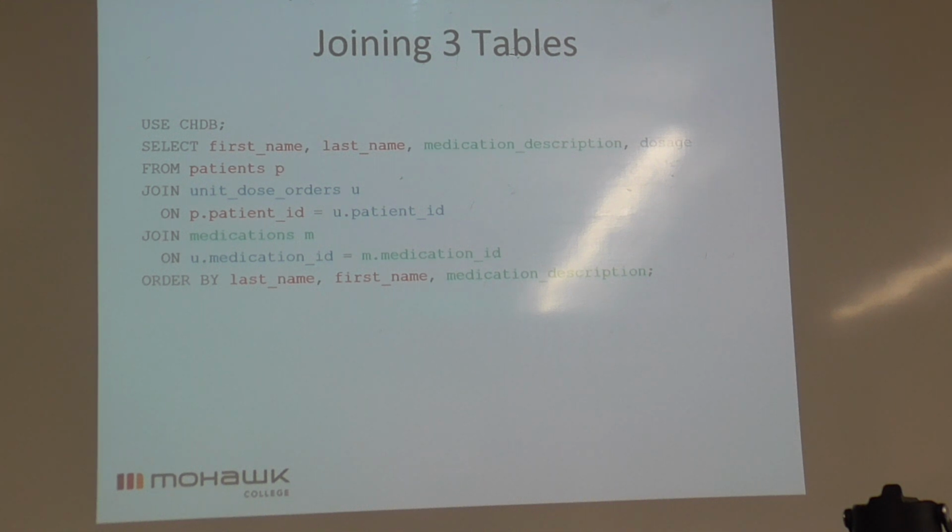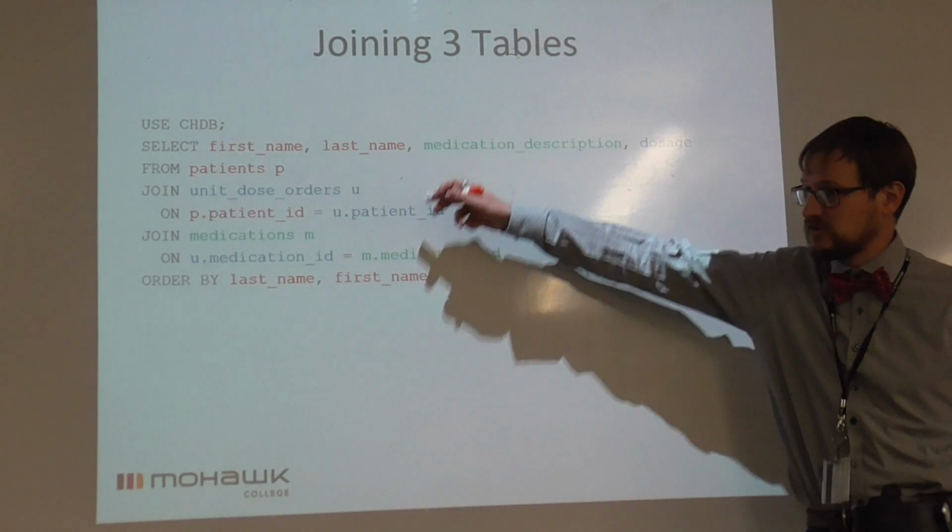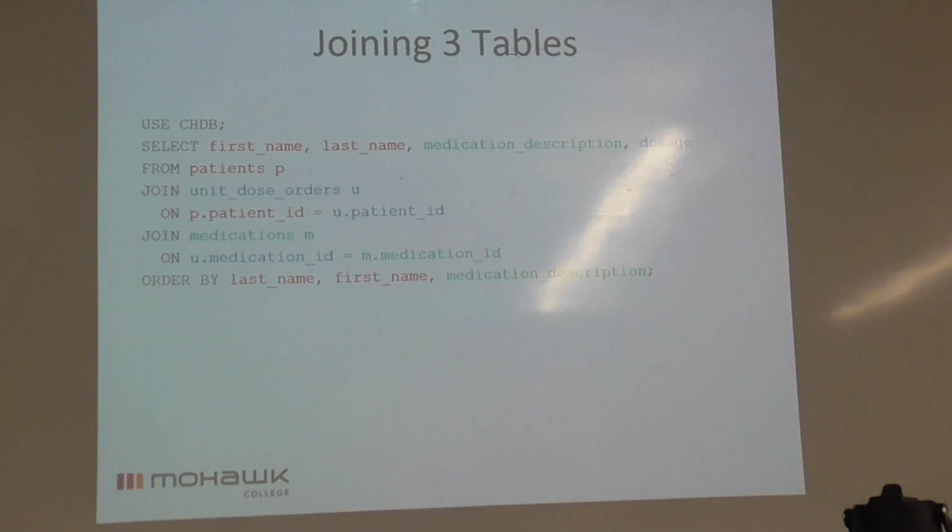The unit dose orders table keeps track of how much of a dose each person is on, because that's ordered by a doctor, presumably. Then we join the medications table. The medication ID from unit dose orders identifies the medication, which is contained only in the medication table and not in the dose table. It doesn't make sense at all to have the name of the medication in the table that tells you how much of it to give to someone, right?